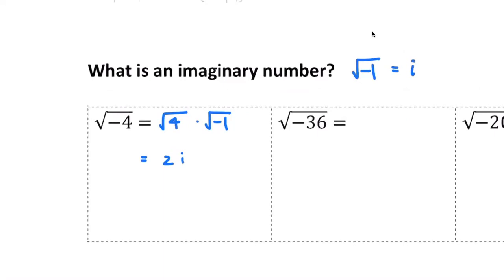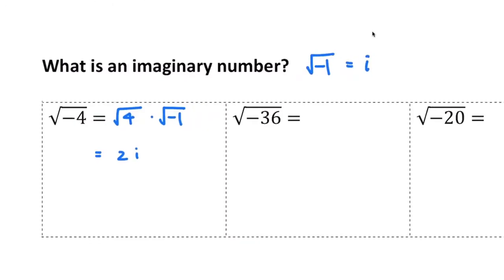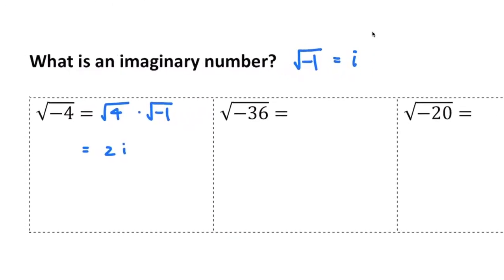Okay, and we'll see a few more examples so that we can familiarize ourselves with the appearance of the imaginary number here. So here we have square root of -36. I'm going to break it down to 36 and -1, both underneath the square root. And we know that square root of 36 is 6, and square root of -1 is i.